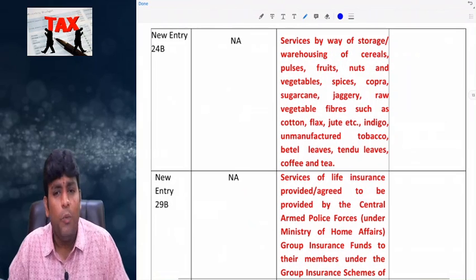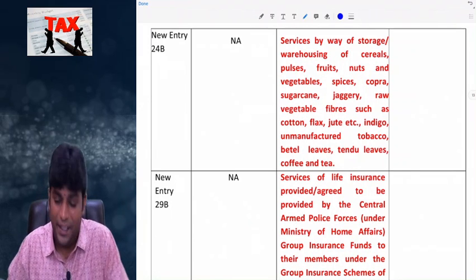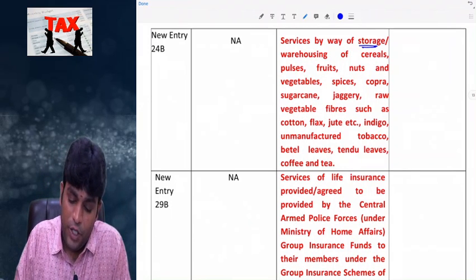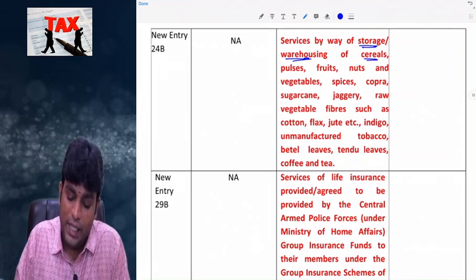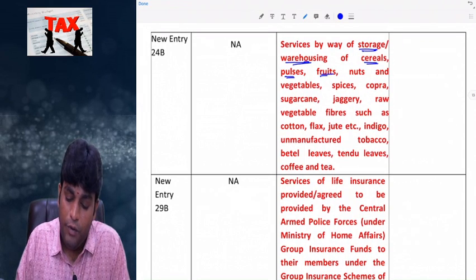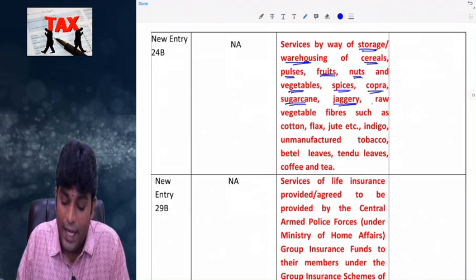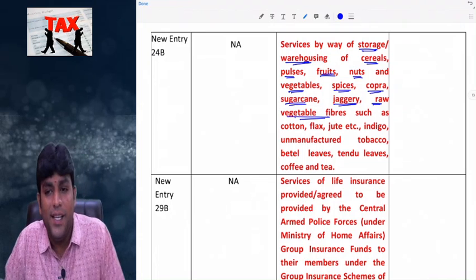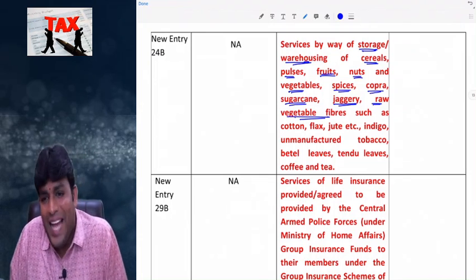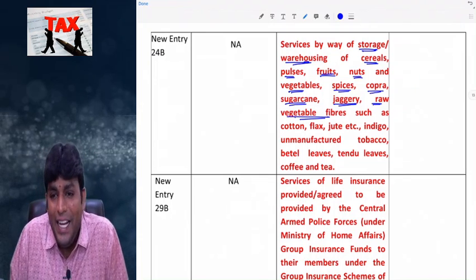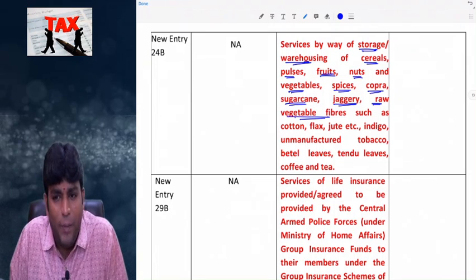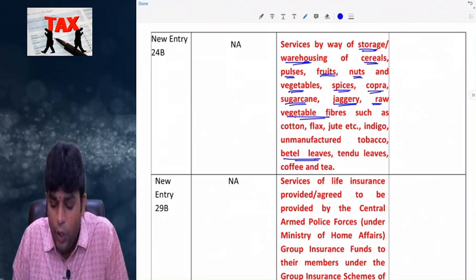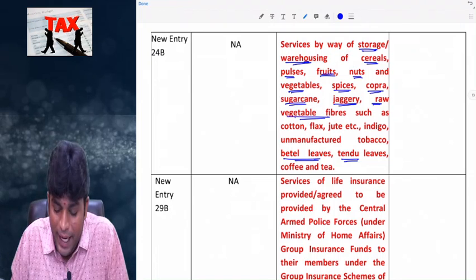Next, two more new points added in exemptions. Let's see that. Service by way of storage or warehousing of cereals, pulses, fruits, nuts, vegetables, spices, copra, sugarcane, jaggery, raw vegetable fibers such as cotton, flax, jute, etc., indigo, unmanufactured tobacco, betel leaves, tendu leaves, tobacco, coffee and tea.